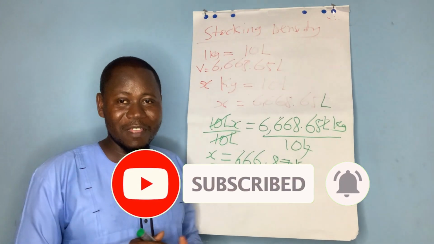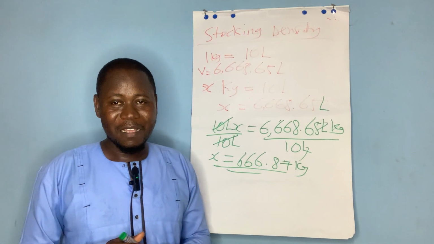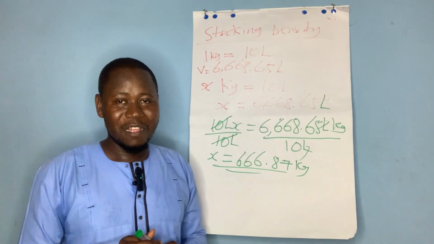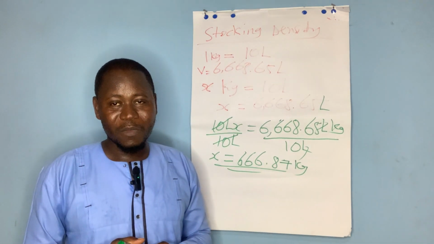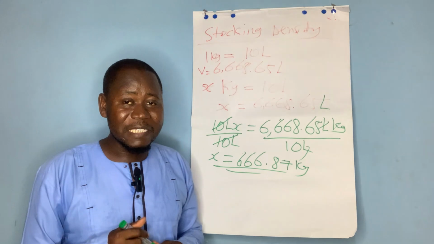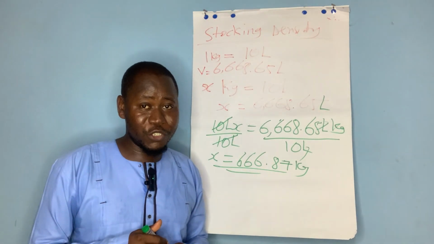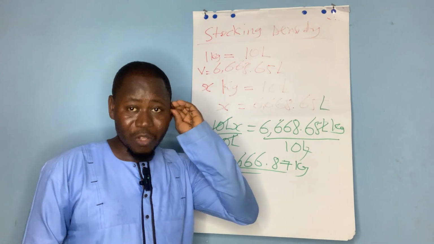Let me know your thoughts about what we have just done, the stocking density. Have you ever faced challenges of stocking? As a beginner, knowing this is very important. A lot of beginners go to buy a pond, and they are told, this pond you can stock 1,000 fish. They come and stock 1,000 fish, not knowing that they have overstocked.